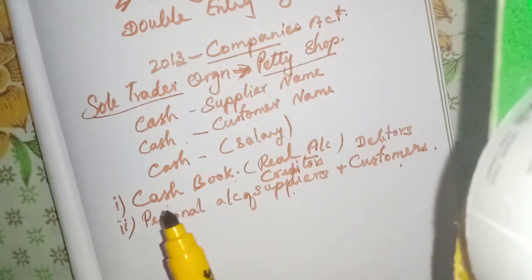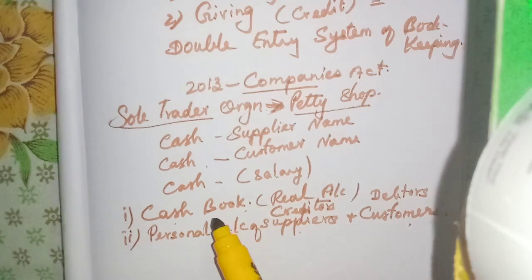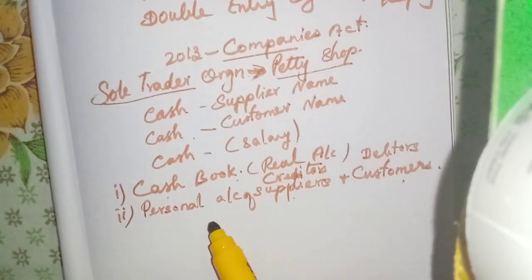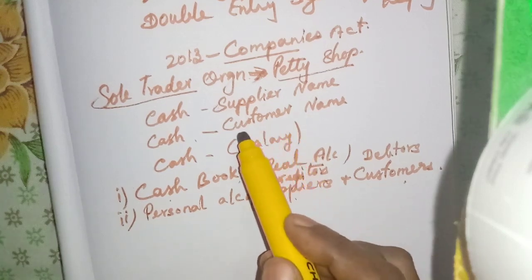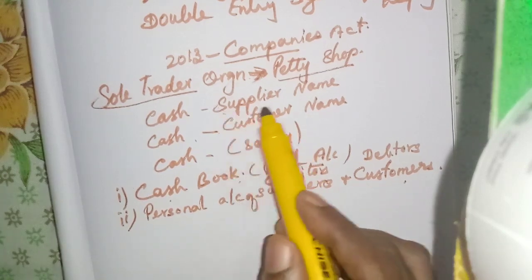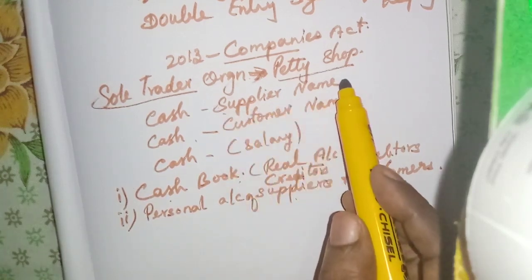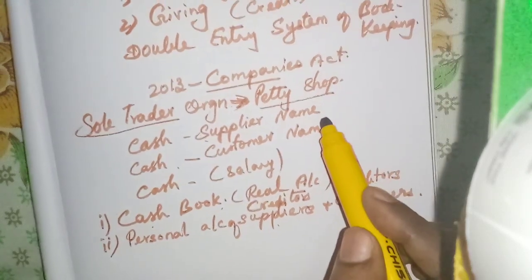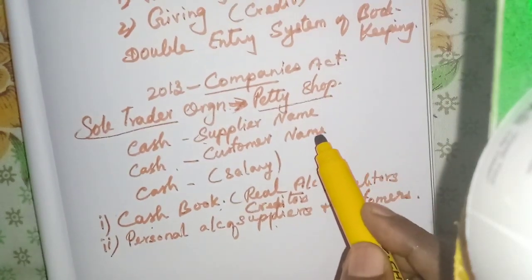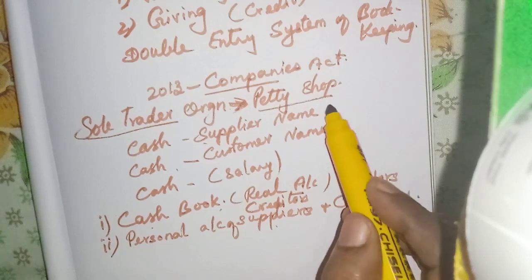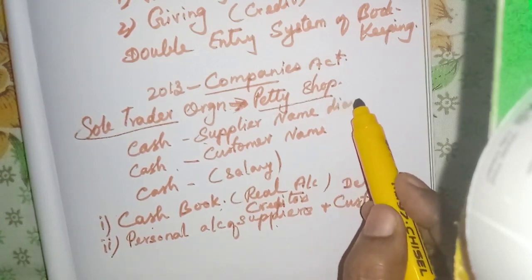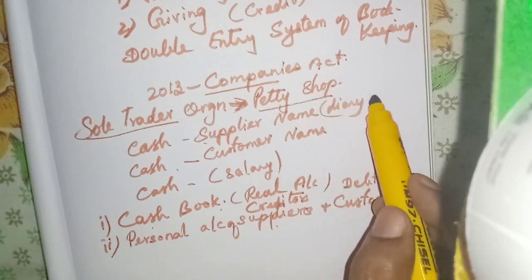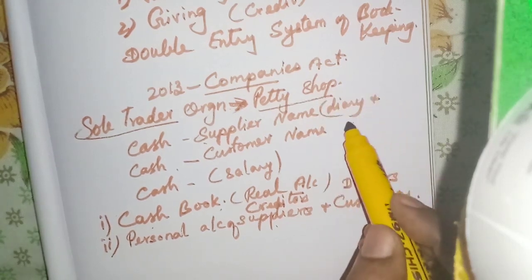They will not maintain the double entry system, because if the transactions are large in number, sometimes he may not even note down how much he has to pay a supplier. Will he maintain big records? No, he will write in a diary. Sometimes he will enter it in the diary, or he will keep it in his mind.